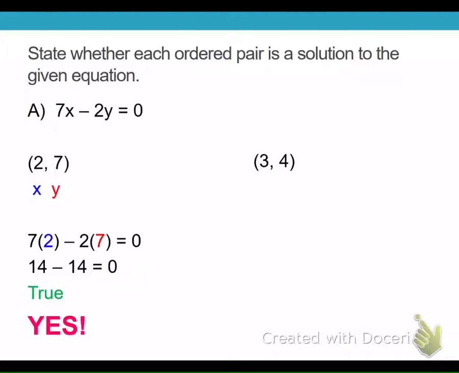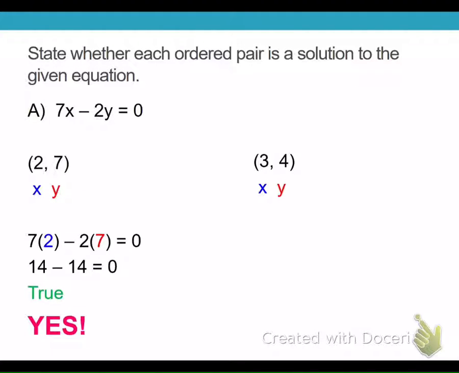All right, here is the second one. So we are also going to test this ordered pair. This is still example A. We're testing two ordered pairs. Do you remember I said there are multiple combinations that work? So we're going to see if this is another combination that works.